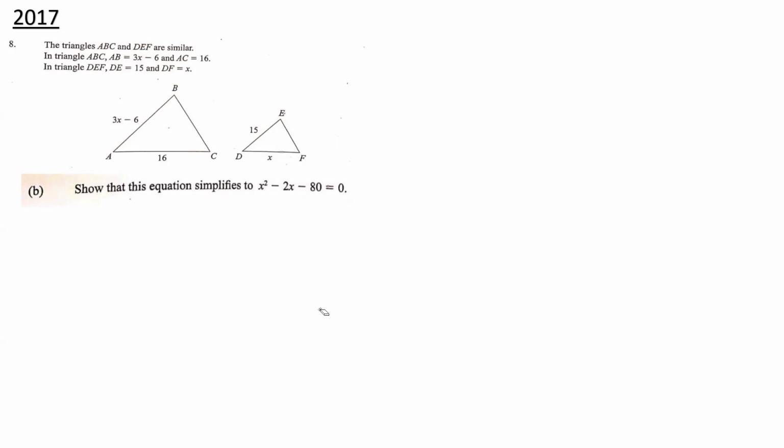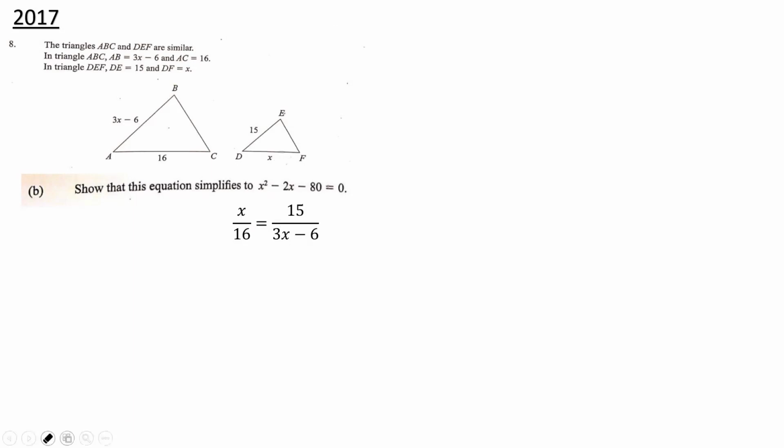But before they actually want us to solve it, they want us to simplify the equation first. So the equation that we have is x over 16 equals 15 over 3x minus 6, and these two ratios must be equal to each other based on the property of similarity.